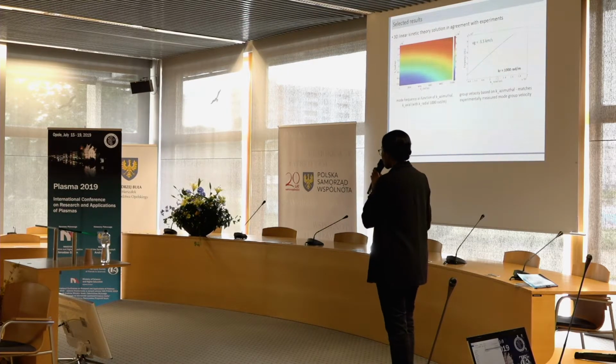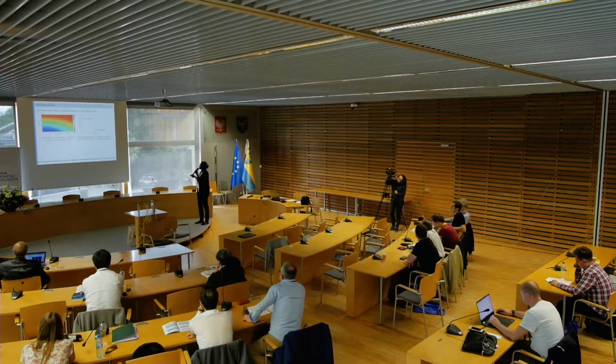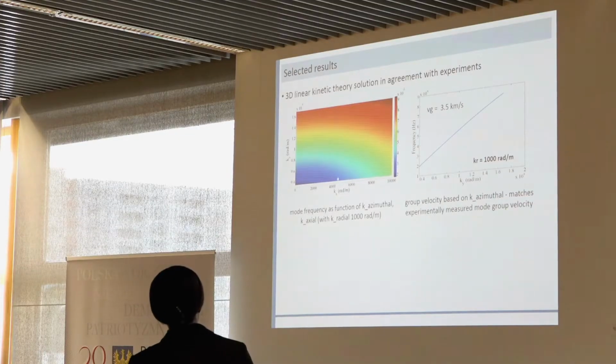Once we take that into account, we have to look at, instead of the 2D linear kinetic theory solution or the 1D, we now have to look at the 3D case. And when we do this, these are solutions of this linear kinetic theory, taking into account the propagation of the mode in 3 dimensions. Here I've shown the azimuthal wave number as a function of the axial wave number, and this is the frequency.